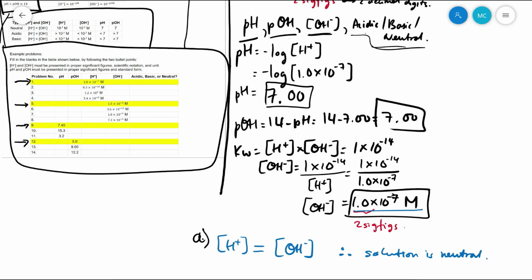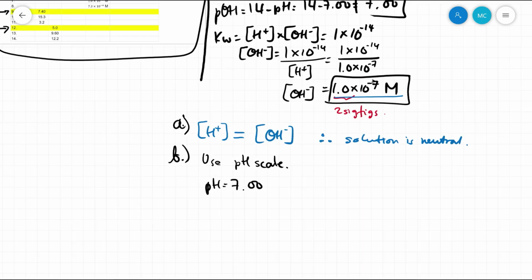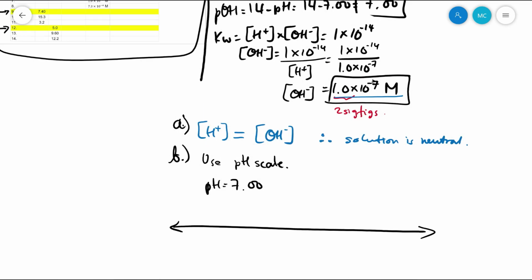The second method is by looking at the pH scale. For this solution, we have pH equals 7. Now what we mean by the pH scale is, let's say you have this scale and in the middle you have 7. At 7, the solution is neutral because there's the same amount of H plus and OH negative, right?